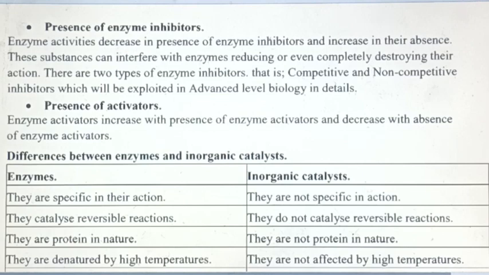After distorting the nature of the active site, hence, the enzymes are destroyed. That means that the substrates will not be able to combine with the enzymes that have been destroyed. So whether the inhibitor is competitive or non-competitive, it lowers the rate of reaction.